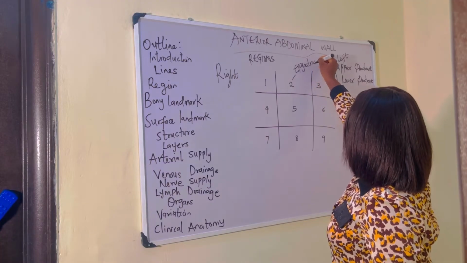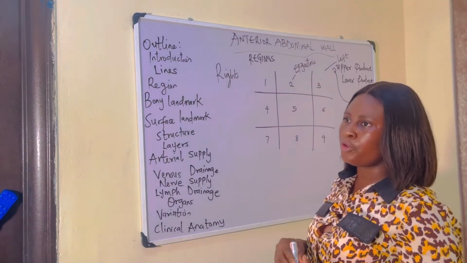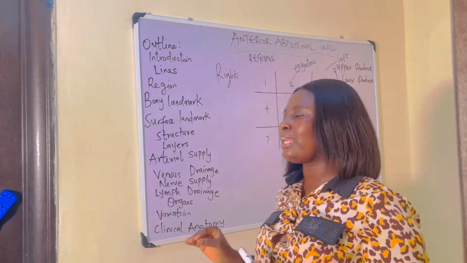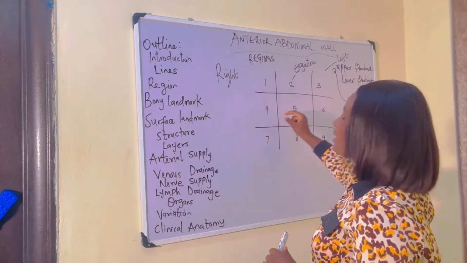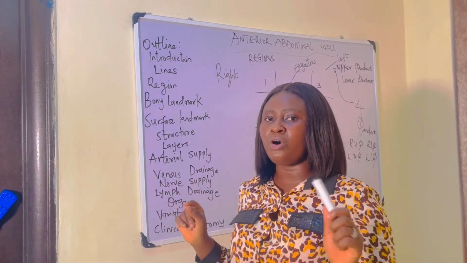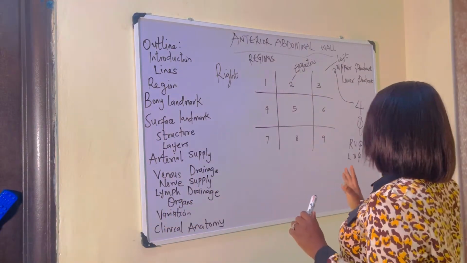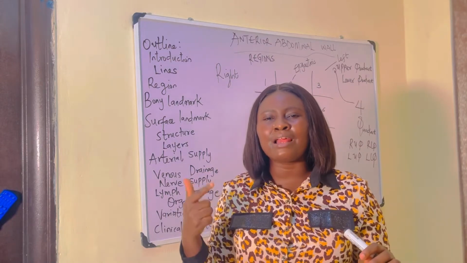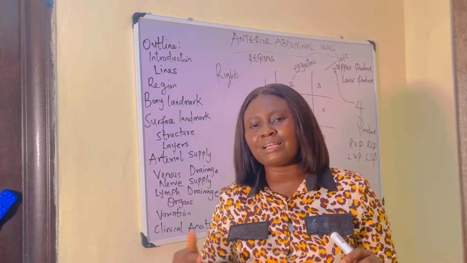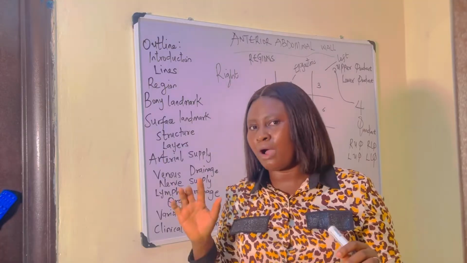Now when you are going to be discussing the gross anatomy of the stomach, you find out that the location of the stomach is in the epigastric region, the left hypochondriac region, and the umbilical region. Please watch my video on stomach so that you can understand this better. Now the regions of the anterior abdominal wall will determine the lying of the visceral organs that are found on the anterior abdominal wall.